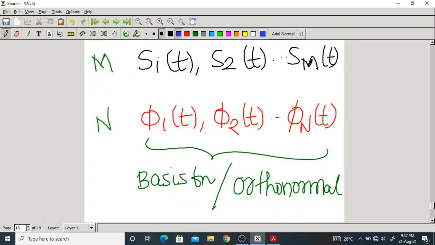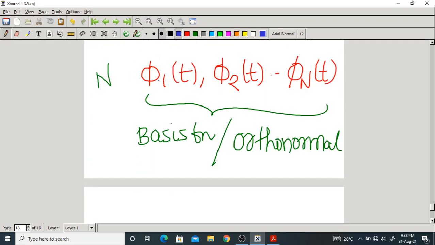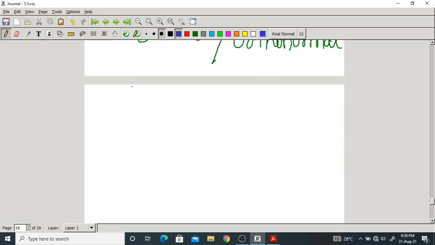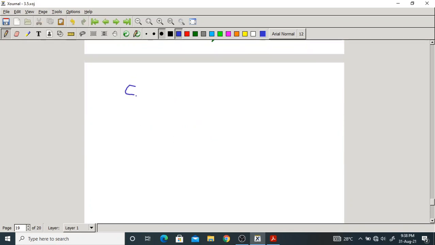Now, for these signals we have vectors. Suppose we have vectors s1, s2. What is the s1 vector? It is a column matrix: s11, s12, so on, s1n.